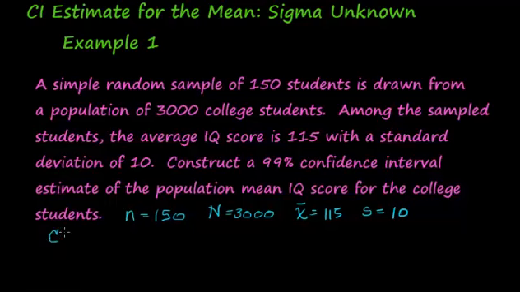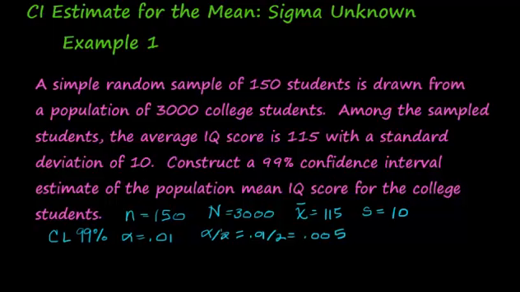Now the confidence level is 99%, so that leads us to an alpha of 0.01, and therefore an alpha over 2 of 0.01 over 2, or 0.005.